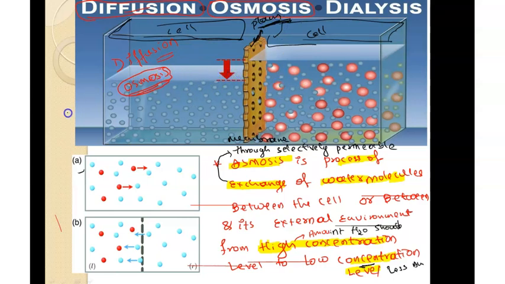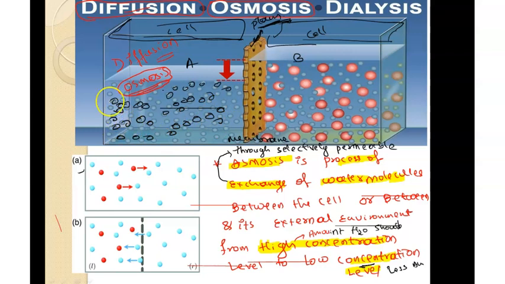See here, you have so many water particles here. The number of water particles is very high in this cell. Let's say it is cell A and this is B. In cell A the concentration of water particles is very high. Cell A has a lot of water.